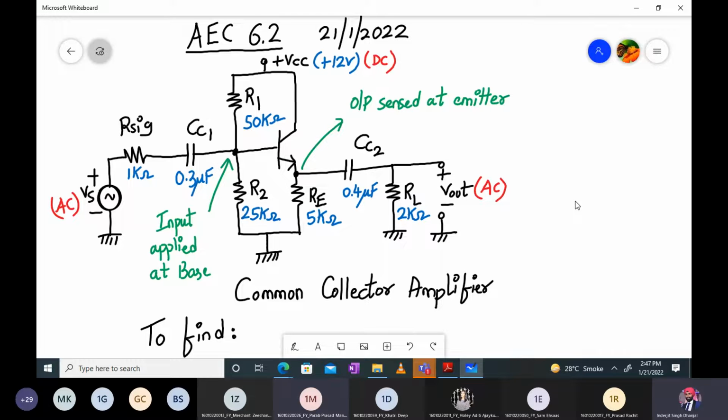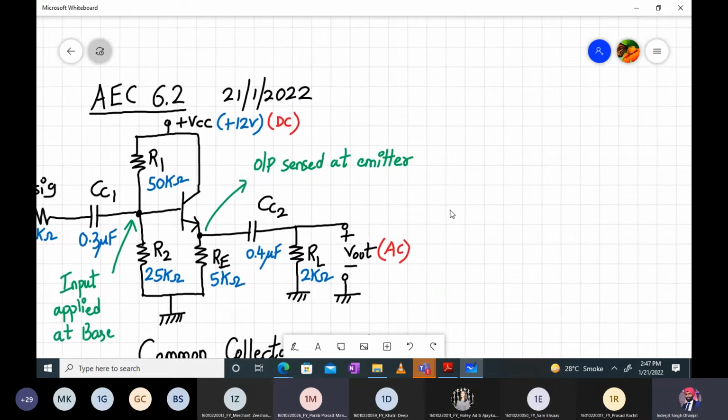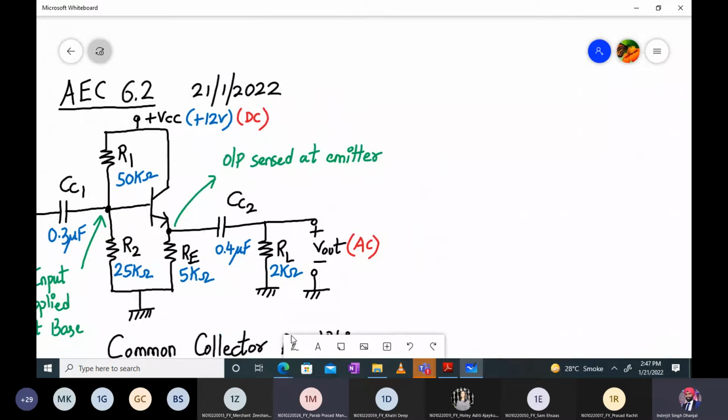Now, I will give you around 2 minutes to calculate the value of VTH and RTH for this network. Okay, RC is not present. How will you proceed? So be careful. I will solve it for you all, no problem. But I will require you all also to try it at your end, because this will be easy now for you all.